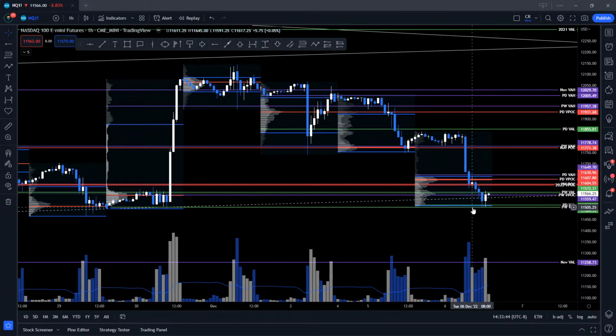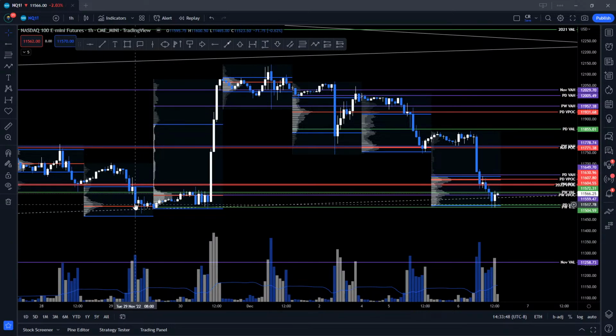I wasn't paying attention to it though. We broke above this. I know we wouldn't have the previous week value area low. Well, I guess we could have before the close of the market. It would have still been forming, but it's close enough.